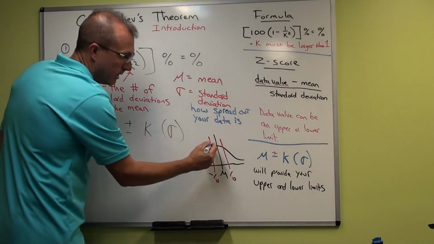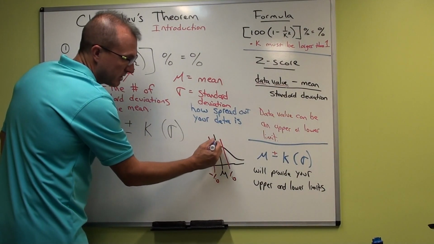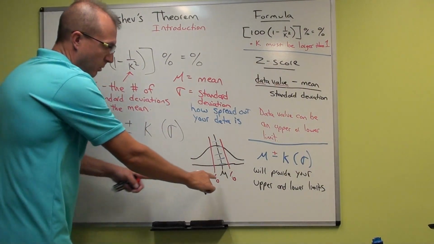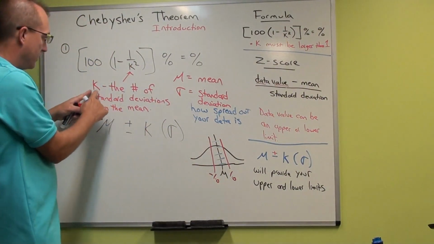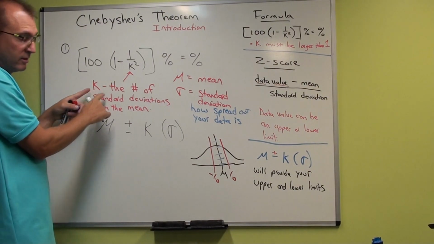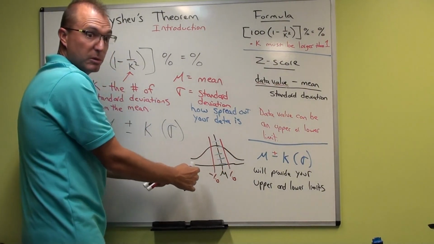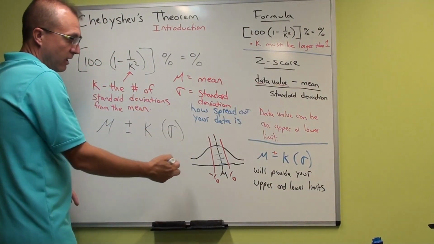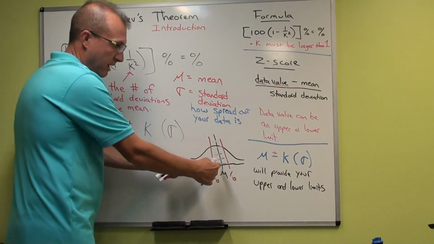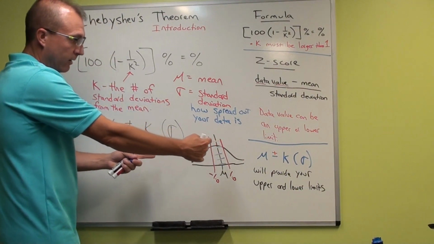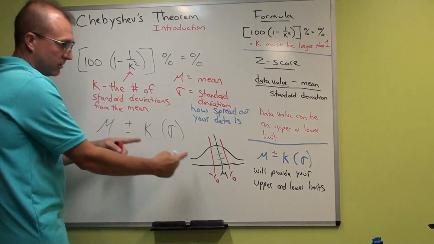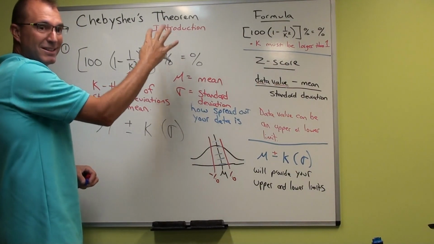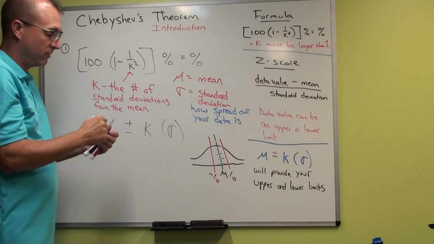So, in here is 68% of your data. So, when you say 1.0, that's talking about your k. It could be 1.5, it could be 2.3, 2.7, 3. It all depends on the data, how many standard deviations you're going to go out. But the k talks about this. This is a standard deviation in the set of data that you're given.